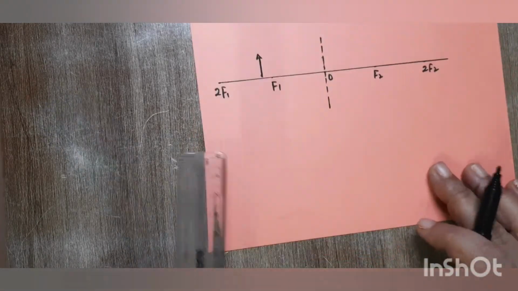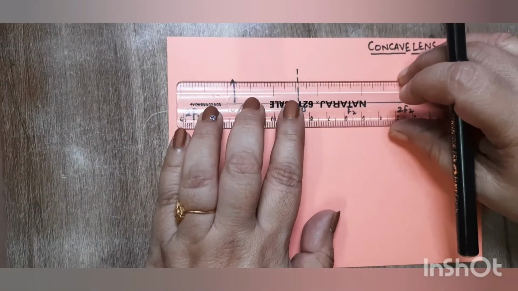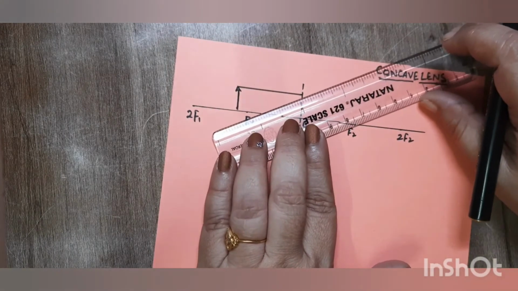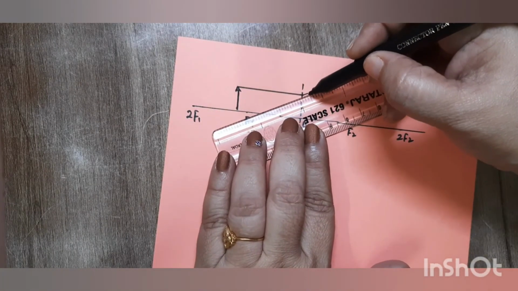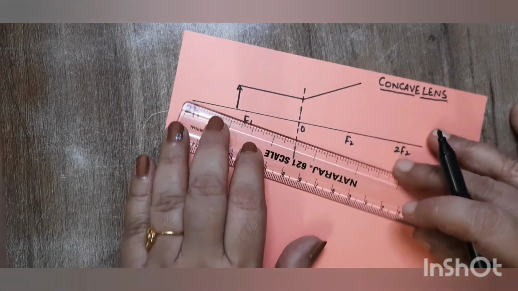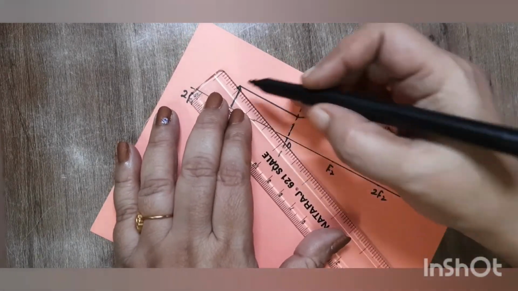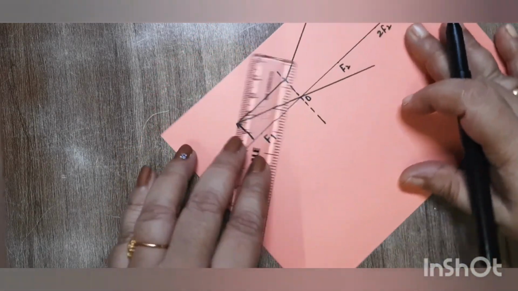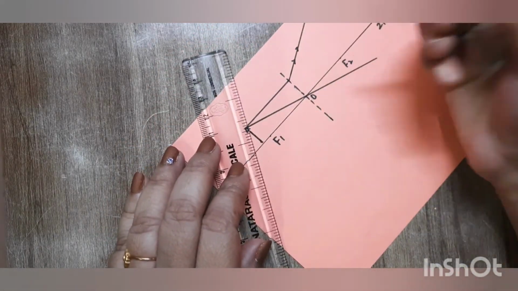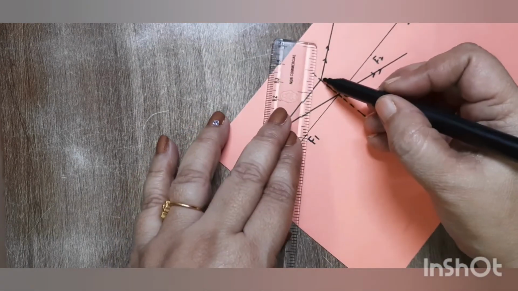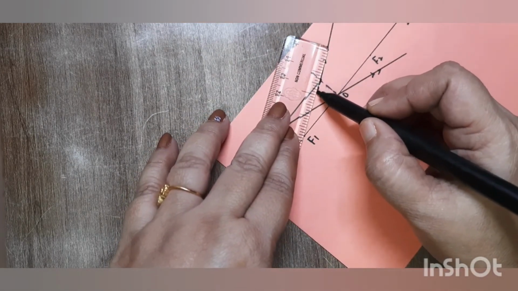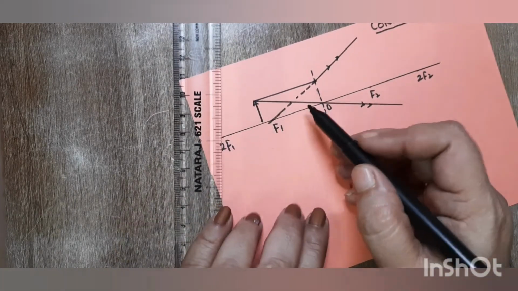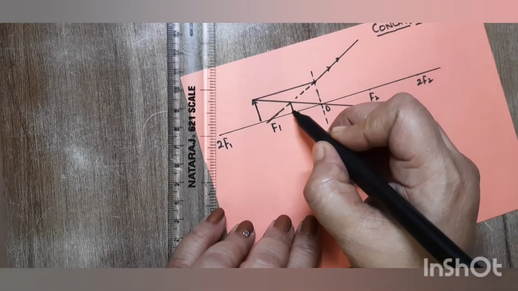Now draw a ray parallel, then diverging. One more, you draw passing through optic center undeviated. Now these two will not meet, so we will produce this ray so that it appears to pass through F1. When produced back, these two rays meet at this particular point.